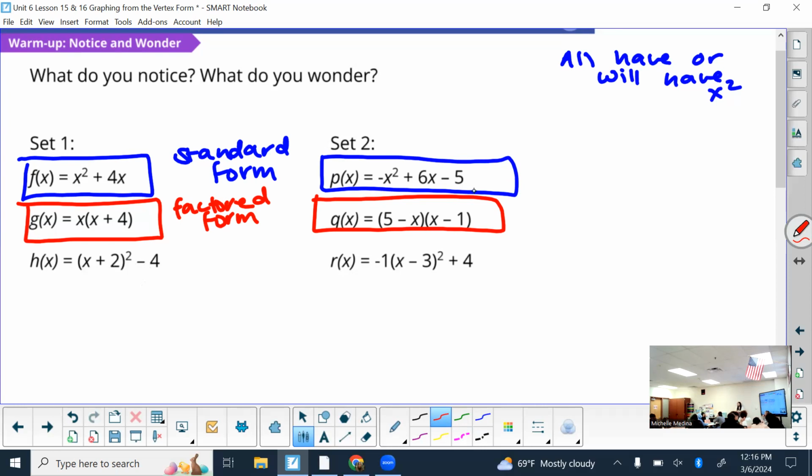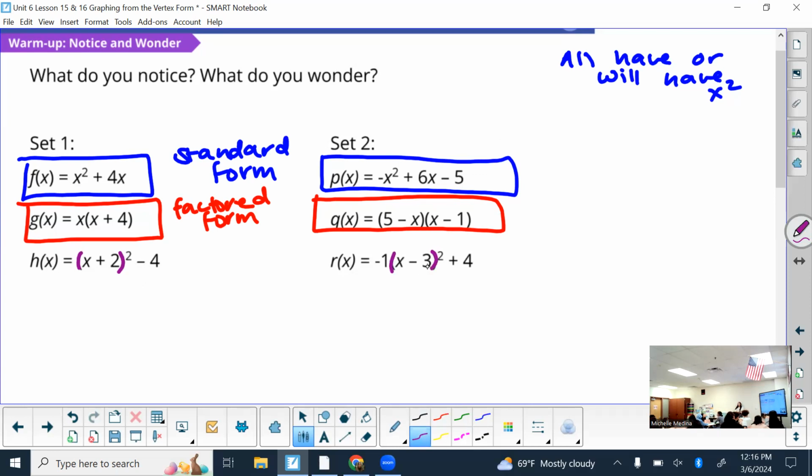Any other notices or wonders that anyone wants to share? The last two have where it's an expression squared. That is true.